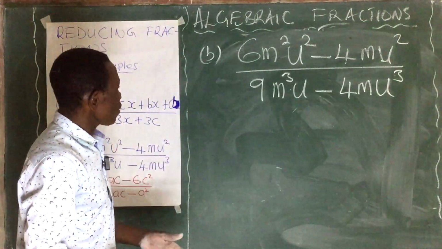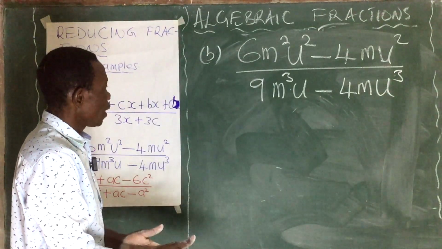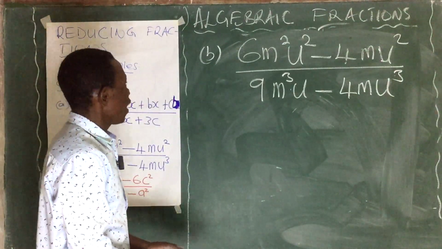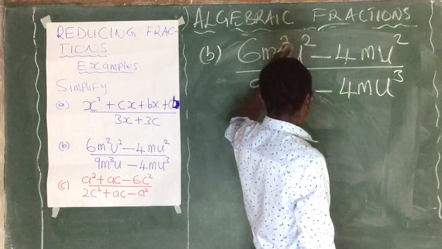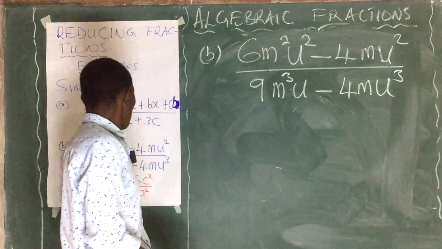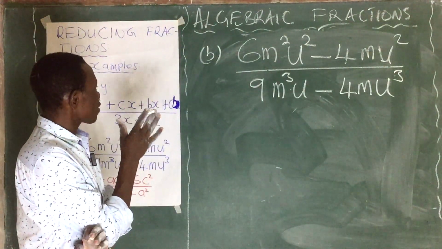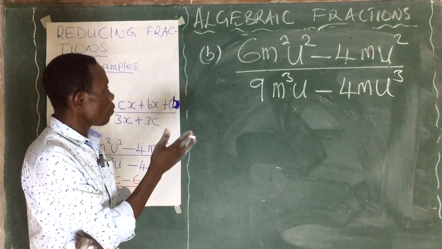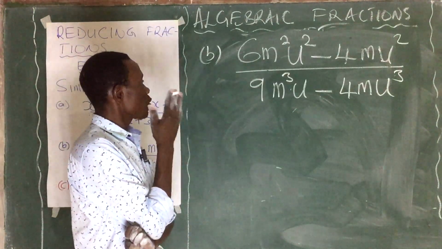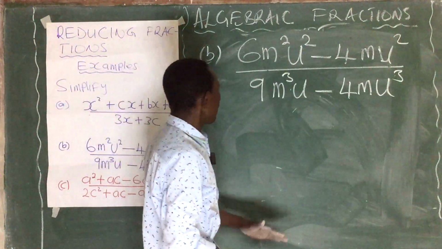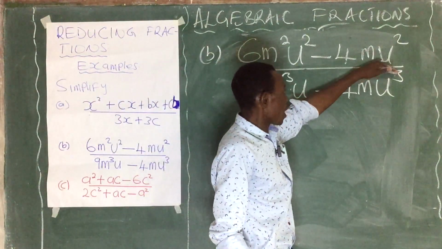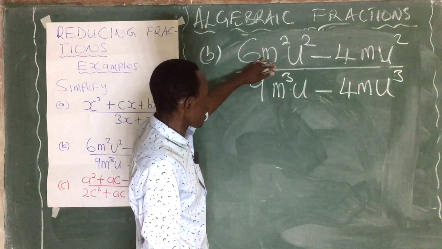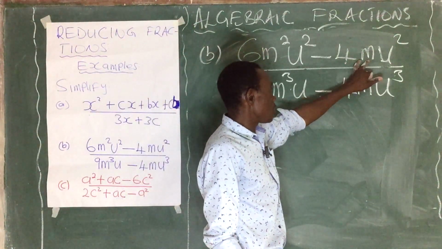Right. So if this is the situation we have at hand, let us see quickly if we can have the common factor that can get here and here. Now, if I look closely at 6m squared u squared minus 4m u cubed, I'll be able to see that here there's u squared, here there's also u squared, and here there's m squared, there's an element of m, here there's also an element of m.